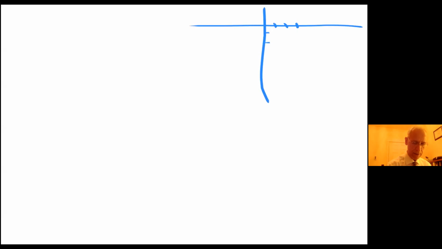Suppose that this time I have been given a graph that actually is going downward. Let's have a vertex at 3, -2, so 3 comma -2.